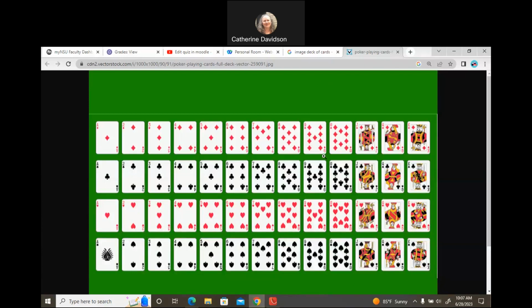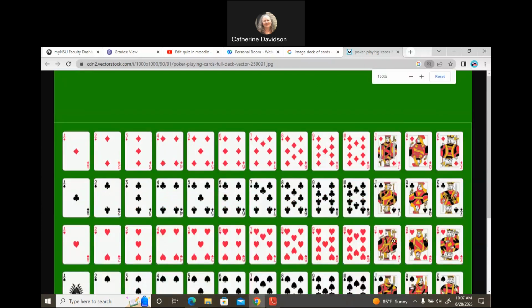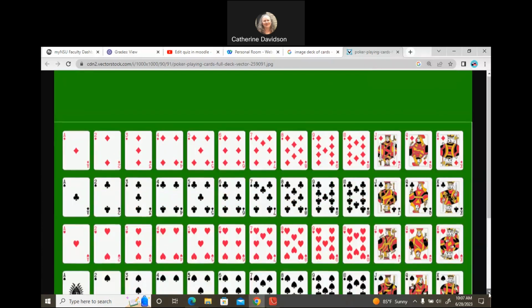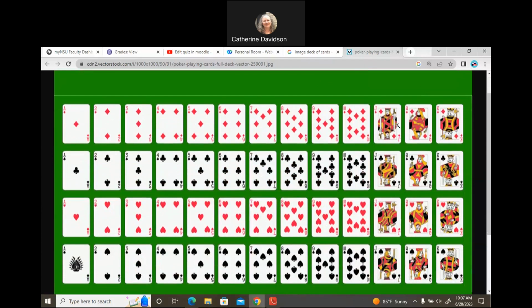So let's review this real quick. All right, so if you look on the right, Jacks, Kings, and Queens, those are your face cards. You have 12 face cards. You have 13 diamonds, 13 clubs, 13 hearts, 13 spades. All right, it's 52 cards altogether. 26 are red, 26 are black.